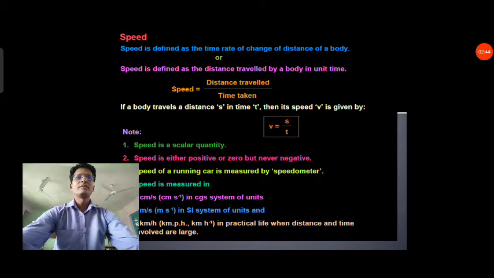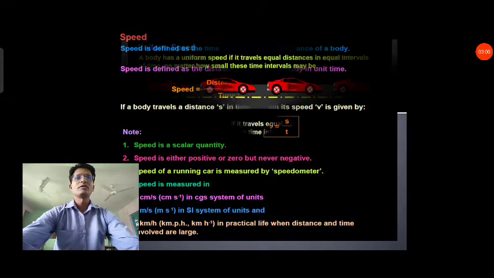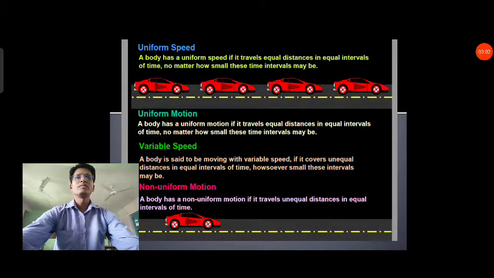Speed. Speed is defined as the time rate of change of distance of a body, or simply, speed is the distance traveled by the body in unit time. Therefore v is equal to s by t, and speed is a scalar quantity. Uniform speed means equal distance in equal intervals of time.